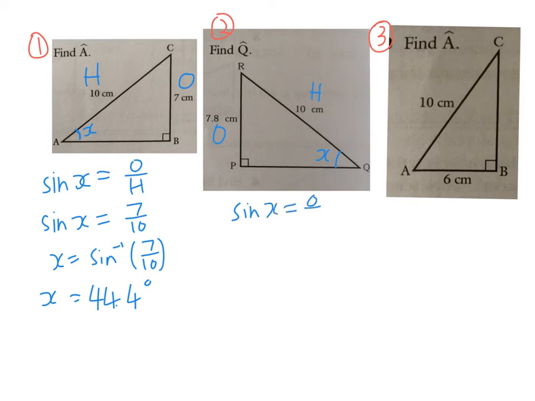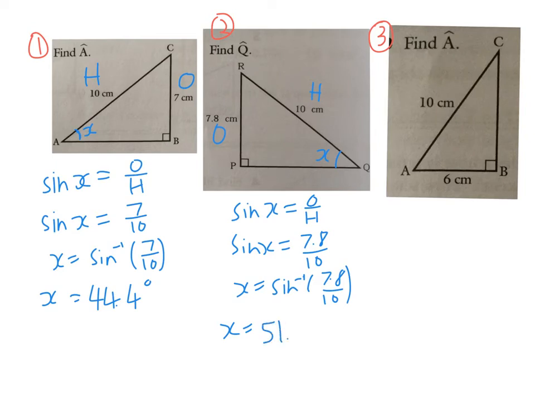Sine x is the opposite divided by hypotenuse, which is 7.8 divided by 10, and x will be the sine inverse of that fraction. I put that into the calculator, you get 51.2. No, 3 significant figures, 51.3.